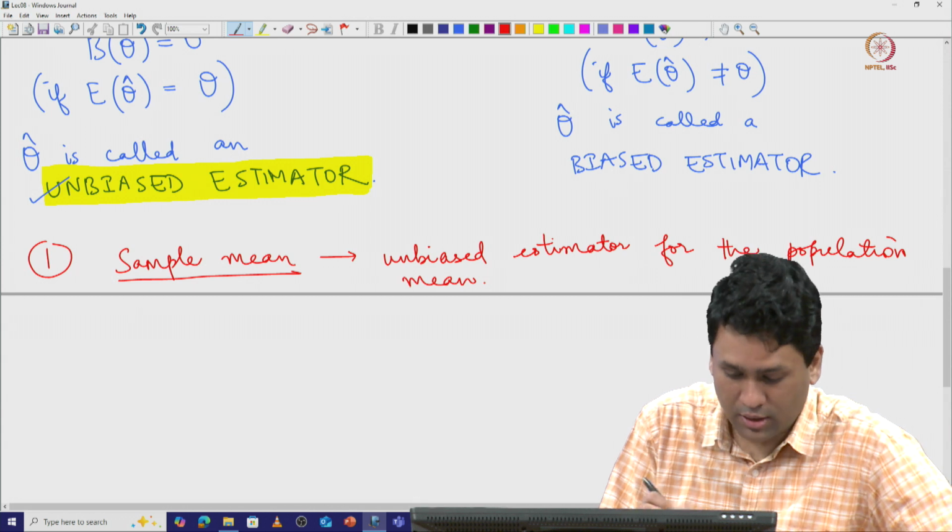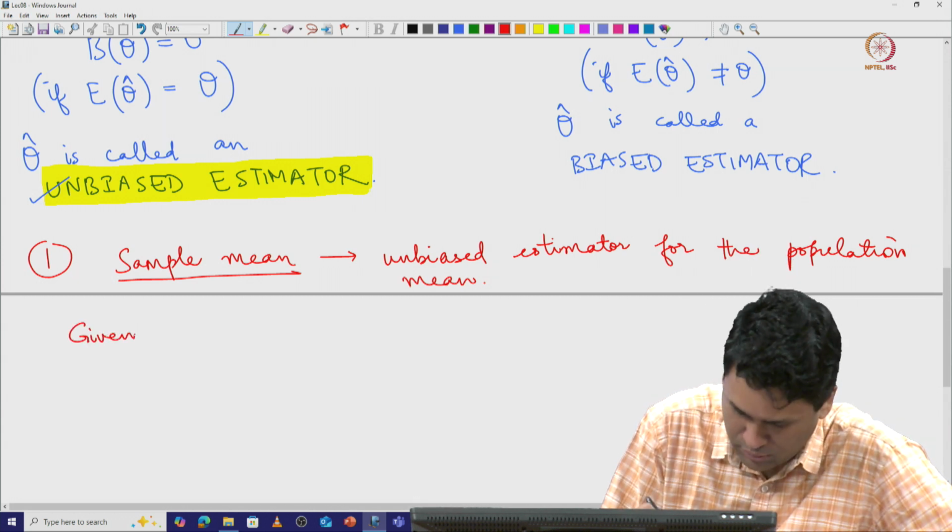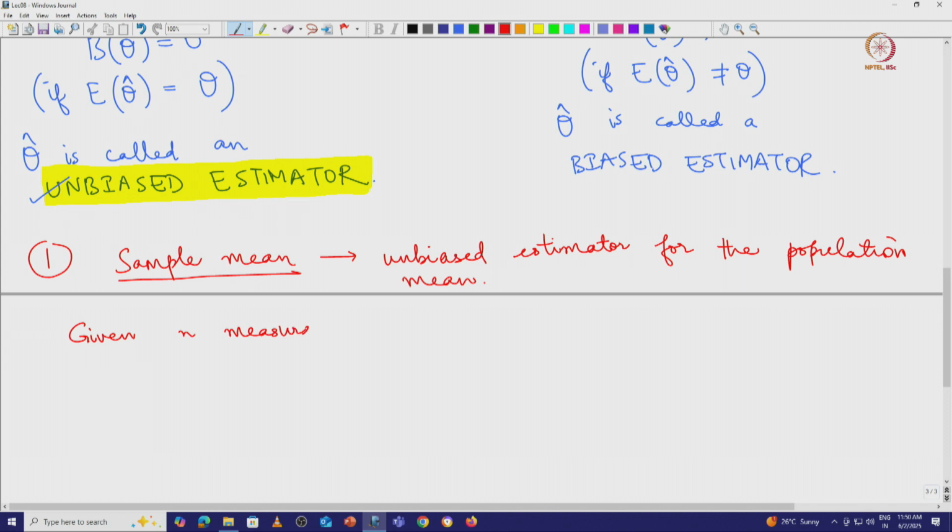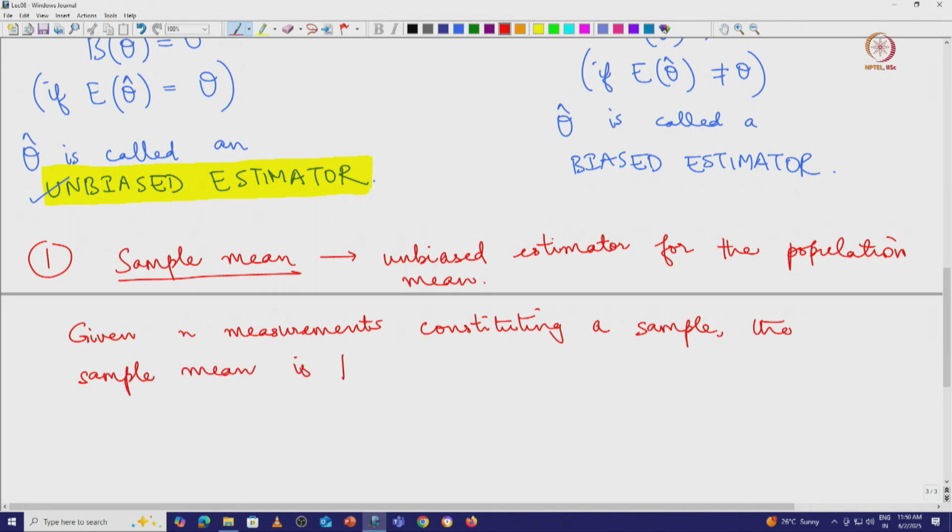Okay. So, given n measurements constituting a sample, the sample mean is the arithmetic average of the values obtained for the random variable.